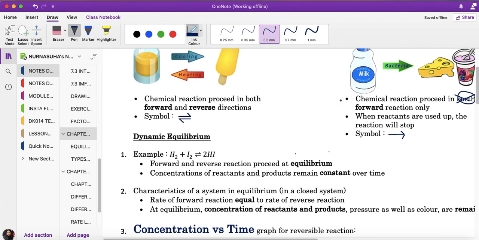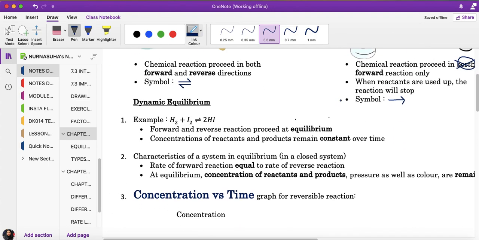Okay, now let's have a look at dynamic equilibrium. So now we are going to focus on the reversible reaction. For example, hydrogen reacts with iodine gas, it will form hydrogen iodide. And hydrogen iodide ni, dia boleh dissociate into these two gas.